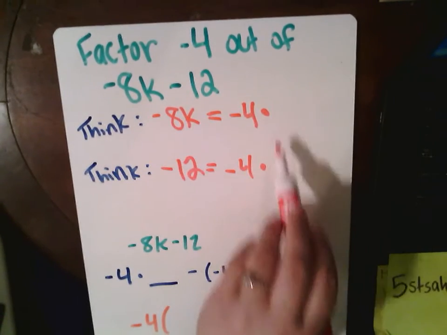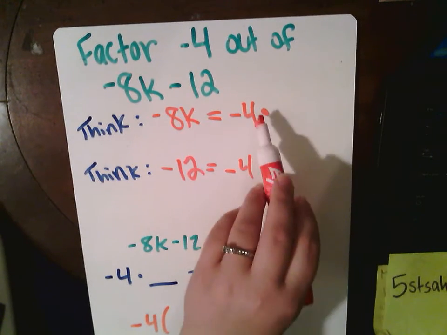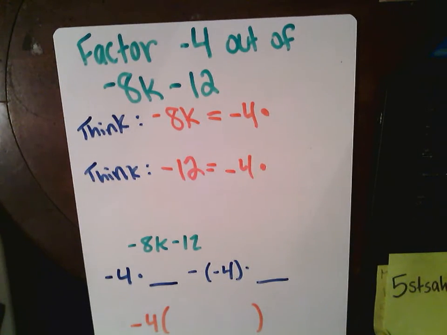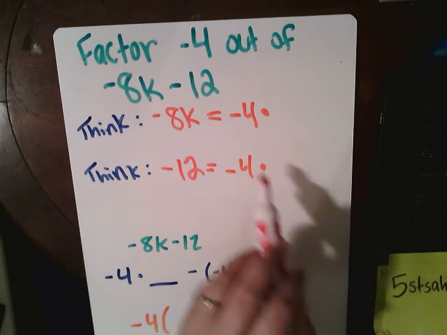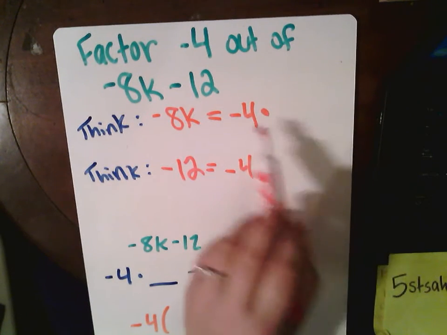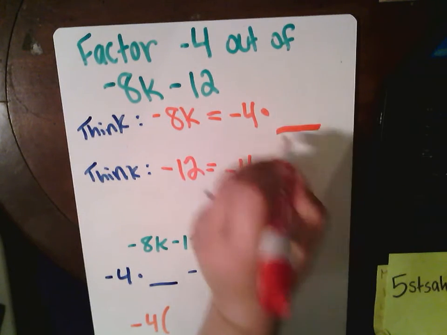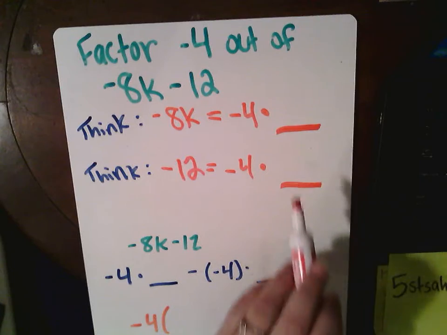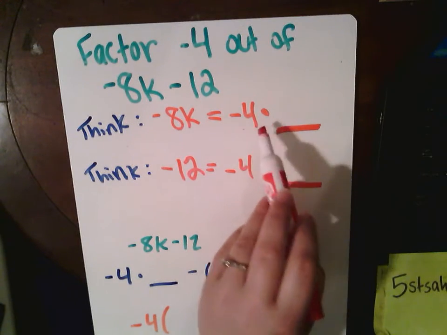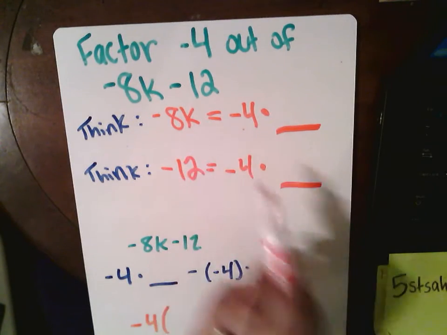When you factor, you're always going to multiply here on this side. You're not going to divide or subtract or anything. You're always going to multiply because you want to know what two factors, so what two things that are multiplied give you this product. So right here, I need to multiply -4 times what gives me a -8k.